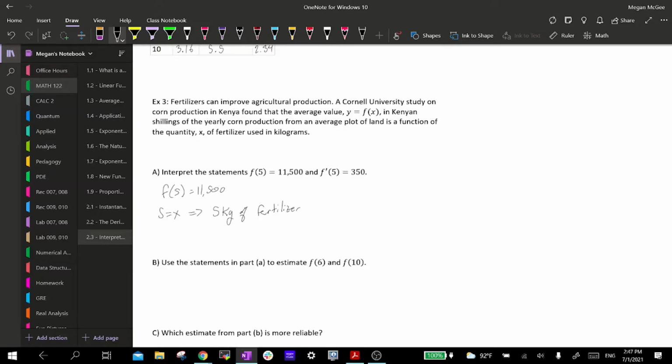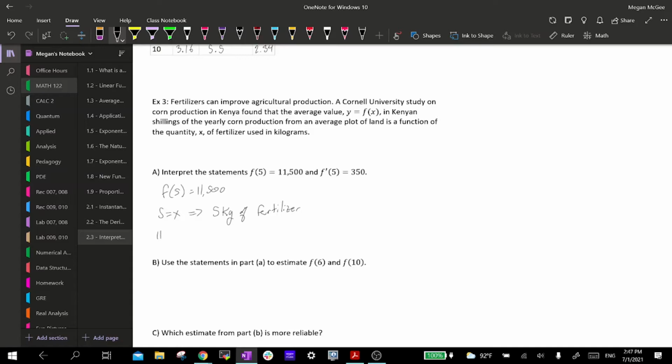Okay, and 11,500 is our output, it's our y value, and that's going to be the shillings worth of corn, the amount that they can sell the corn for. Shillings is the currency in Kenya.